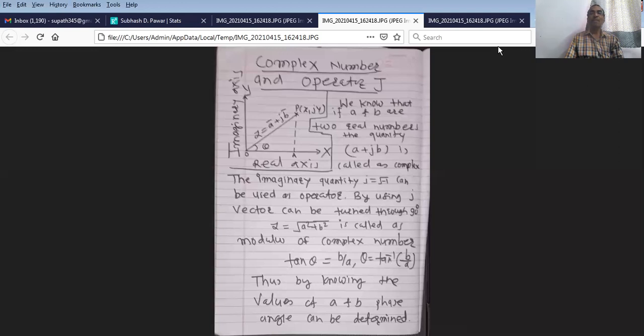So, in the objective exam, you may get a question: in the case of an AC circuit, operator J can be used to turn through dash degrees, 90 degrees. Second question: in the case of an inductor, plus J is used. In the case of a capacitor, the minus J operator is used.